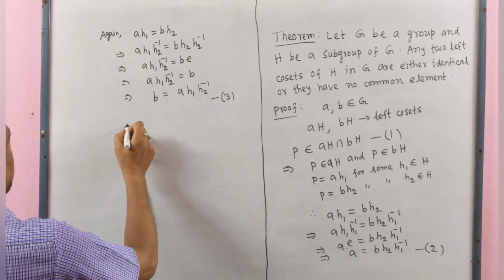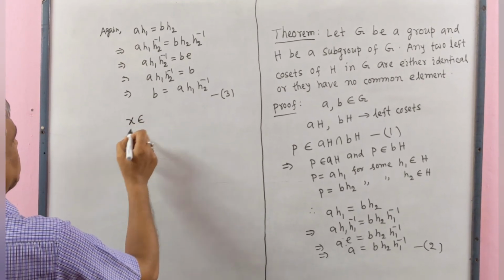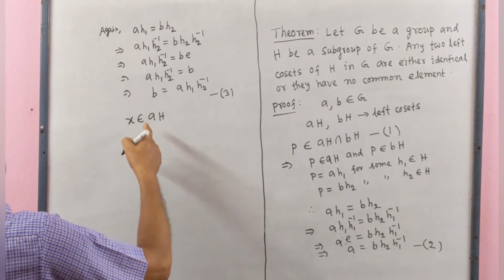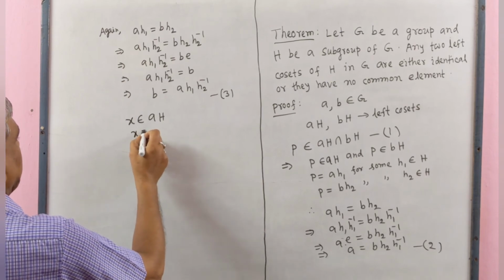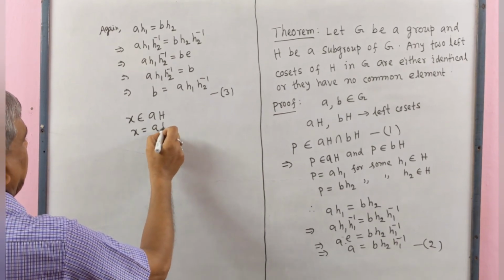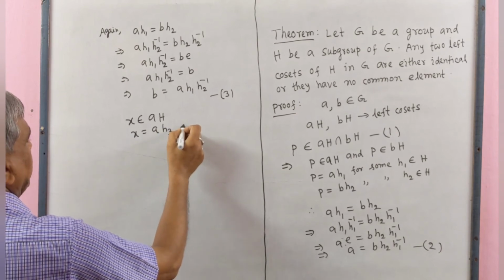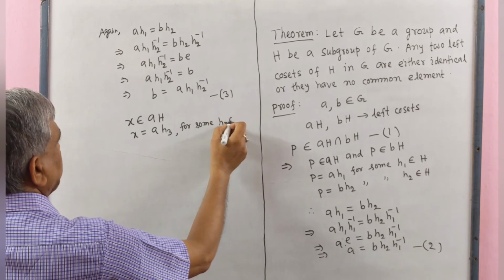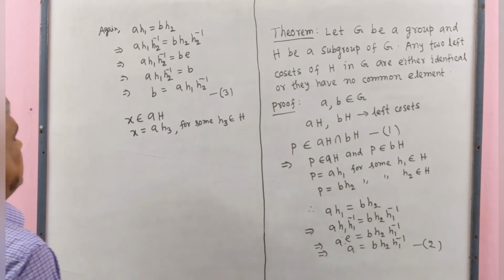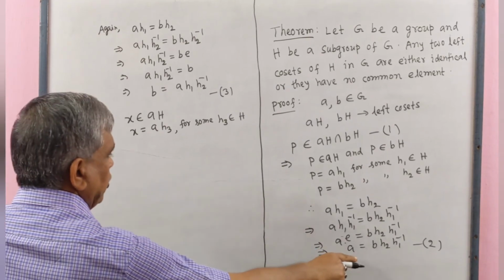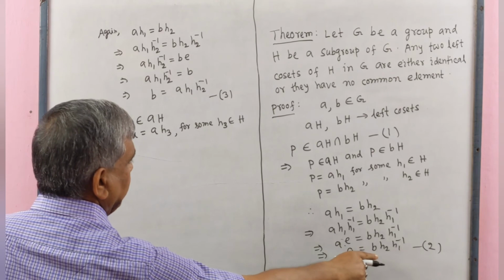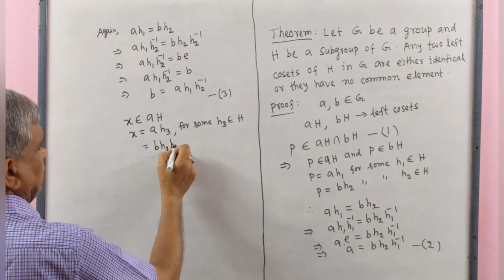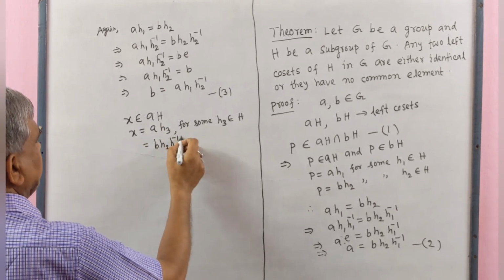Now let x belongs to aH. We may write this x equal to ah3 for some h3 belongs to capital H. From 2 we get a equal to bh2h1 inverse, and here h3.